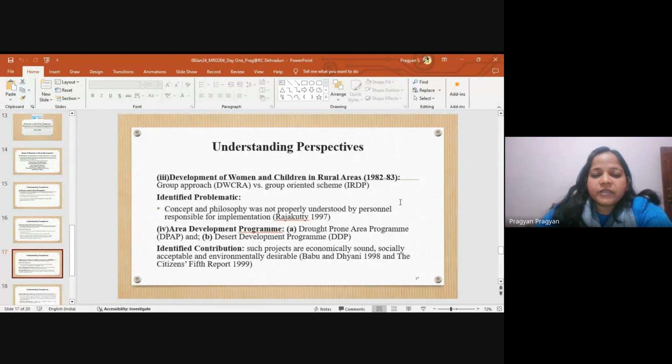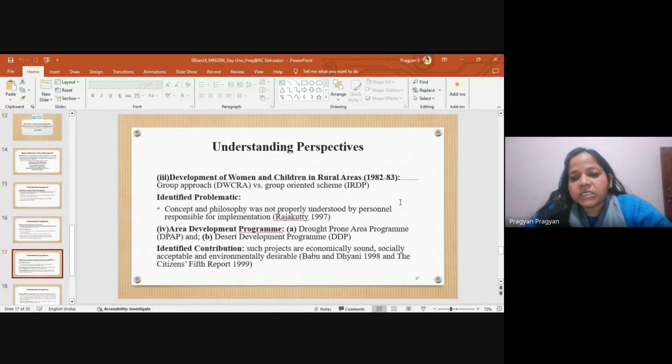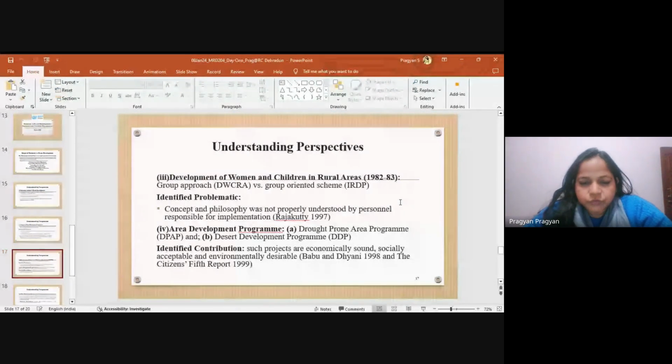So they started trying to categorize felt needs in different schemes, like those specific schemes directed especially to new mothers and newly born children, or employment generation schemes for ladies, but those are basically group oriented, because we have observed that one single lady does not have much power to go outside the village freely and single handedly. That is why this group oriented scheme has been developed as a part of the strategy.